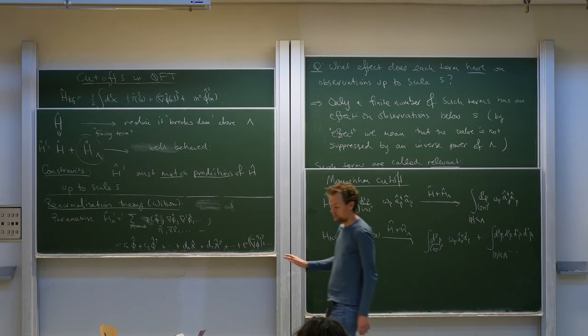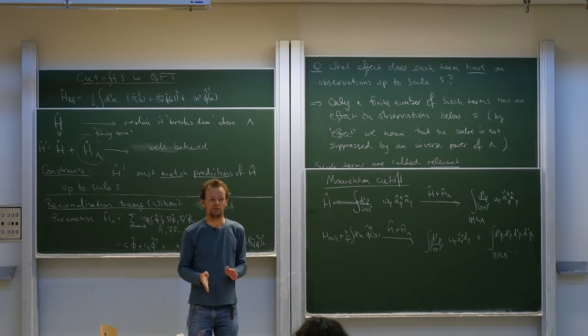So every Hamiltonian in this course is understood to only be defined in the presence of a cutoff. And the dependence on the cutoff is chosen so that the experiments that we've observed up to some given scale S are all modeled well by this cutoff Hamiltonian.